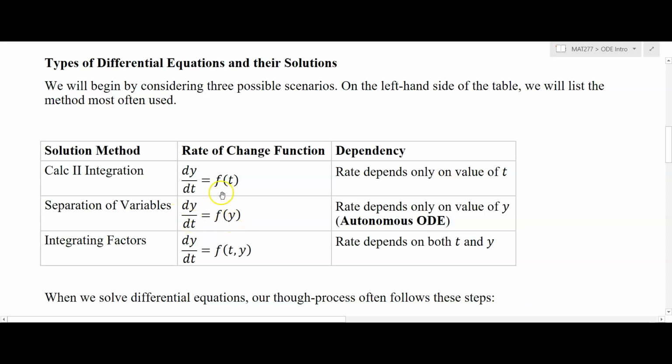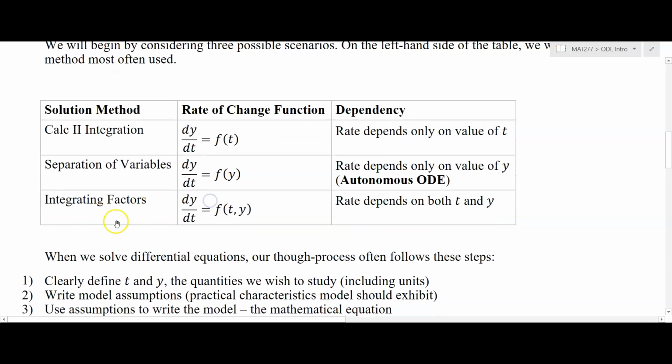And so typically when we model populations, the rate at which the populations are growing or decaying is a function of the population size itself. And we'll look at some situations naturally that you'll find, well, how the heck would an equation involve both t and y? And we'll encounter those later on.